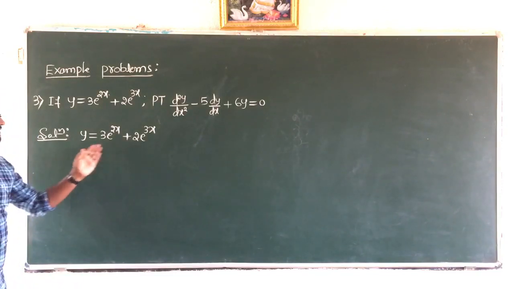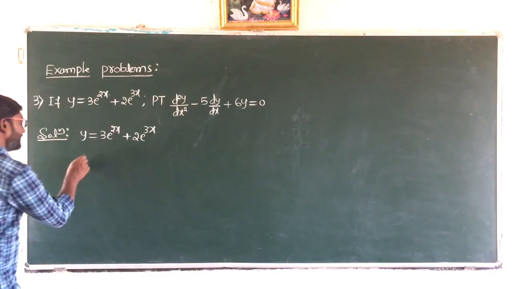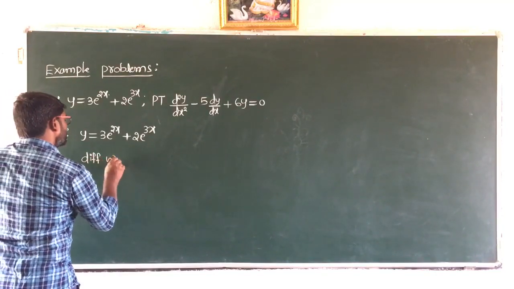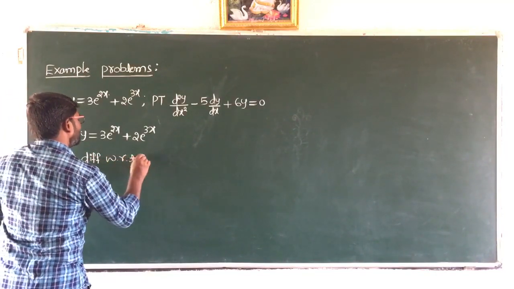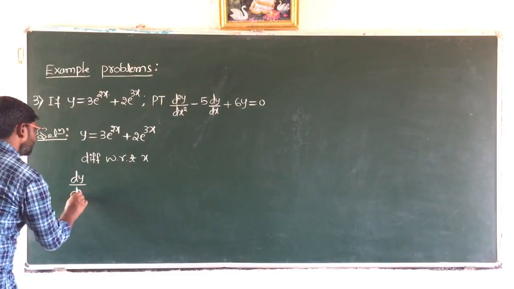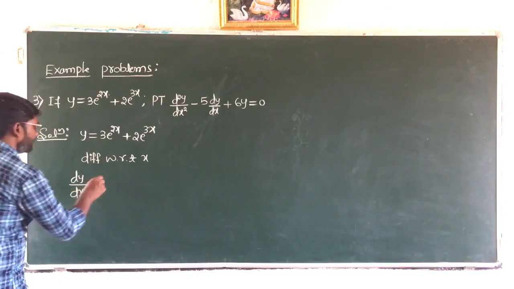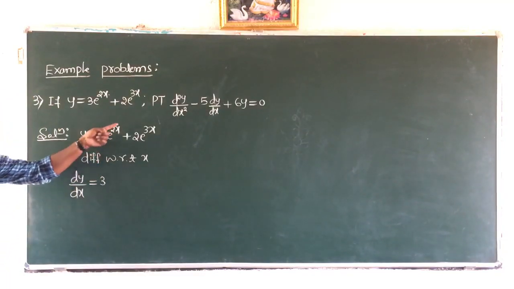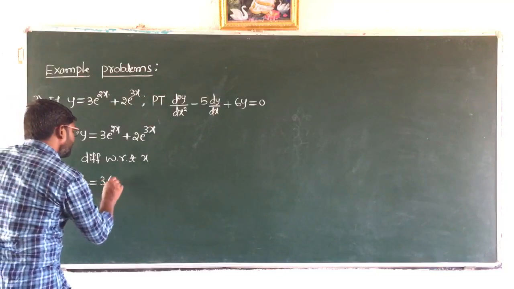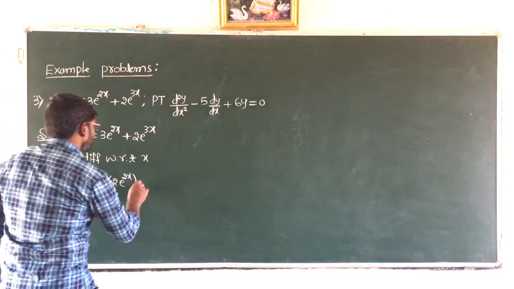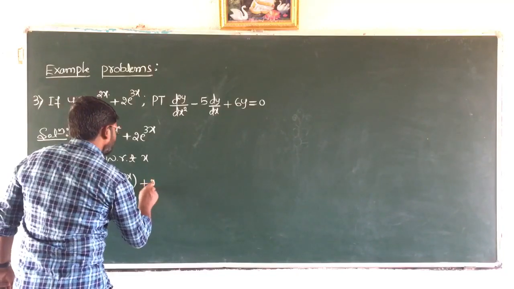Now let us differentiate both the sides with respect to x. We get dy by dx, which is equal to 3 is a constant, write it as it is. Then derivative of e raised to 2x will be 2 into e raised to 2x, plus 2 is a constant, write it as it is.